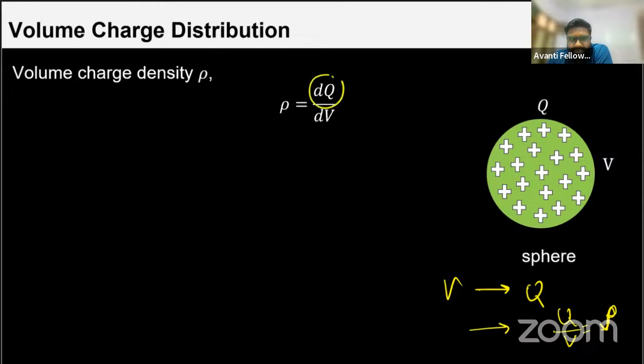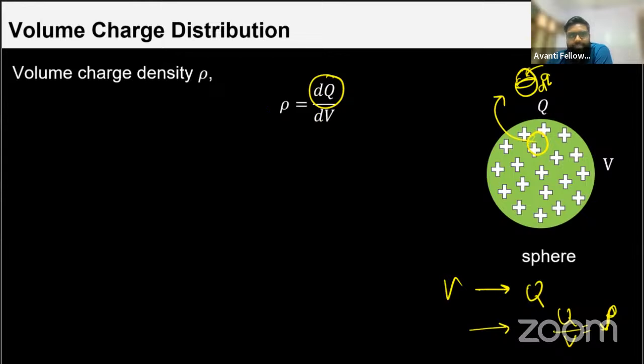So we will consider a very small volume here. Small volume means a very small sphere from this bigger sphere, which is having a charge dq. Now, the smaller the volume, the smaller the charge, right? Lesser the volume, lesser the charge. So rho is nothing but the charge per unit volume.